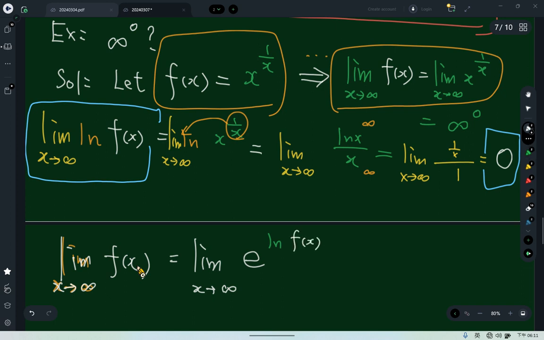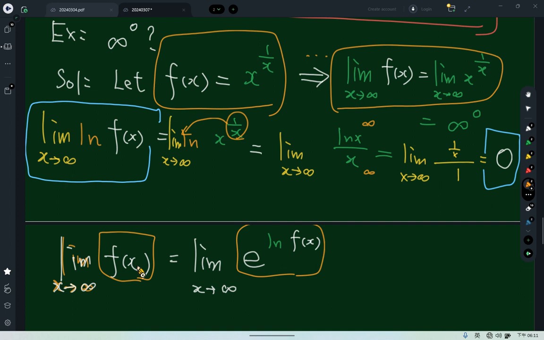We use the property again: e to the power of ln f of x is f of x. The exponential function composed with the ln function gives the identity function, so f of x as input gives f of x as output.